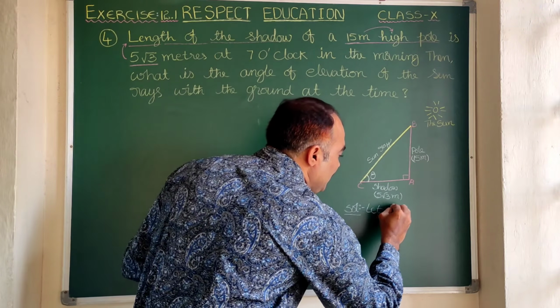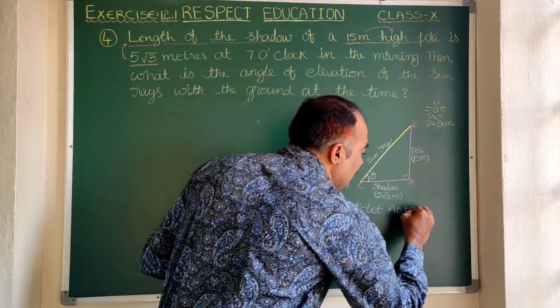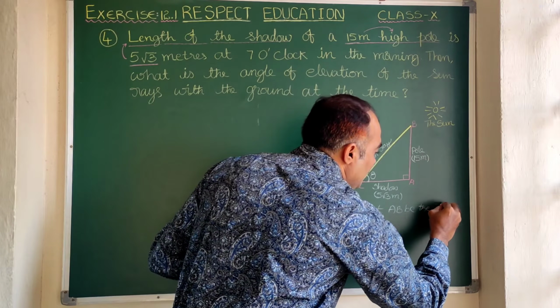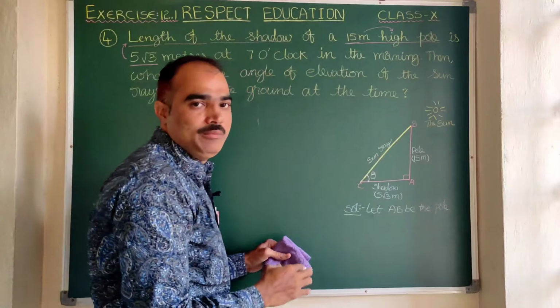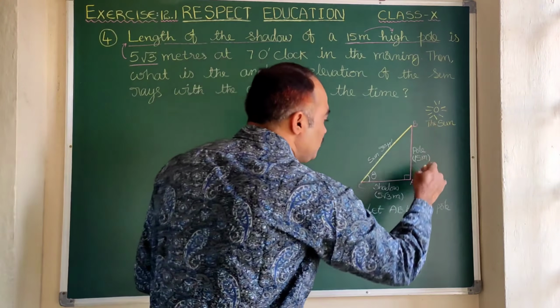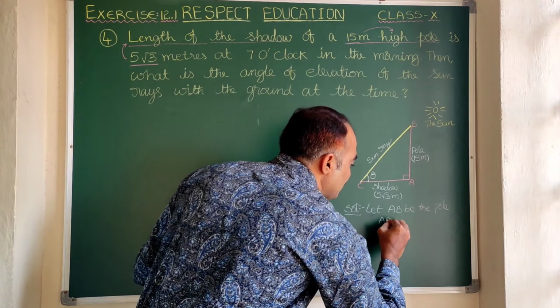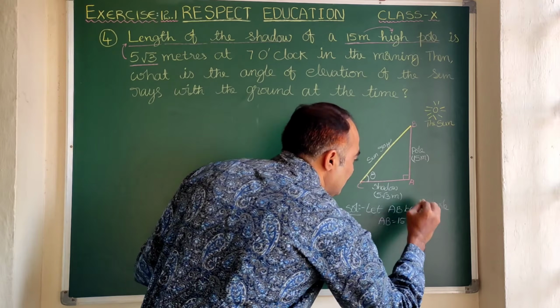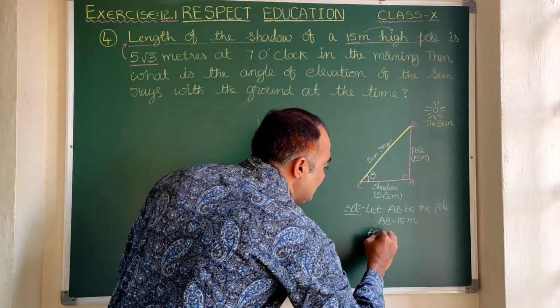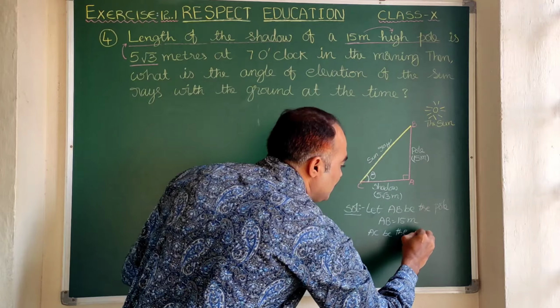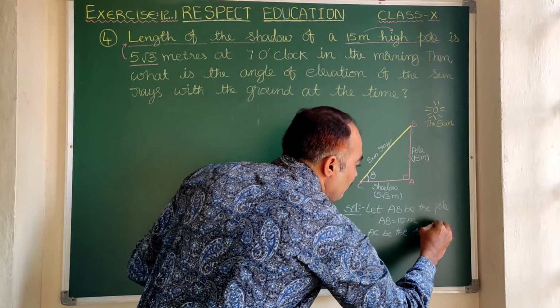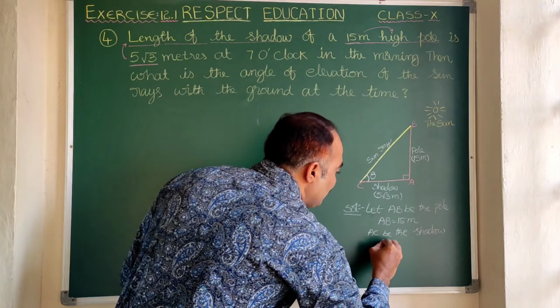Let AB be the pole, or we can write AB be the height of the pole also. So AB is equal to 15 meters. This is already given in the question. And AC be the shadow. So that is also given.